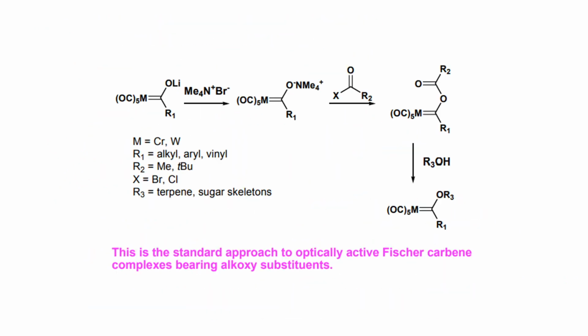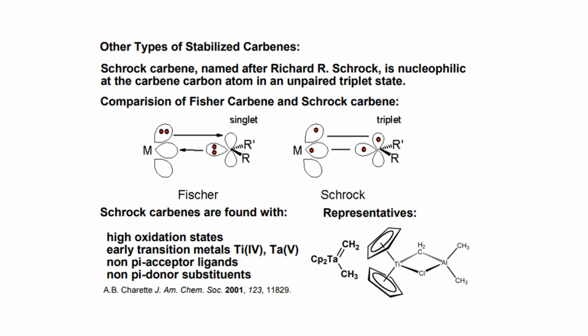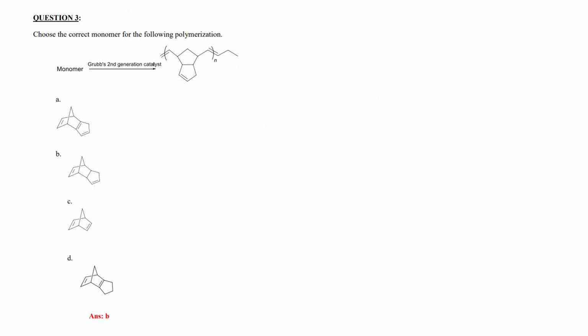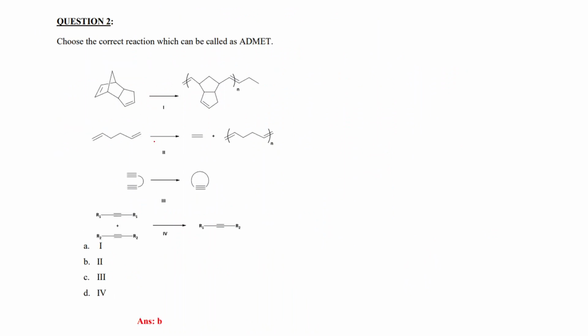Now, if we look into the options they have given, for this first type you can see this is a ring opening reaction, so you can write ROMP, because ring opening metathesis is happening followed by polymerization.